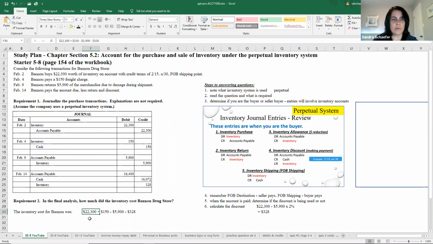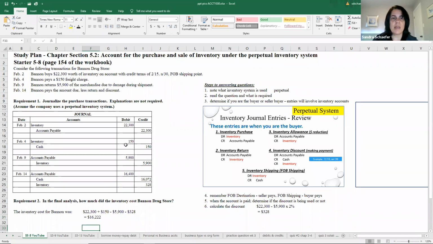You take all four of those amounts. The total cost of the inventory is $16,222.